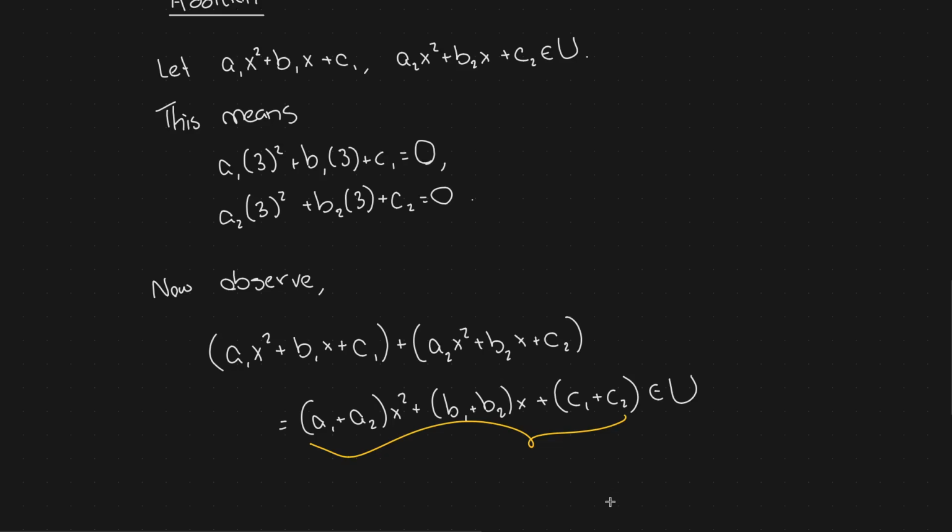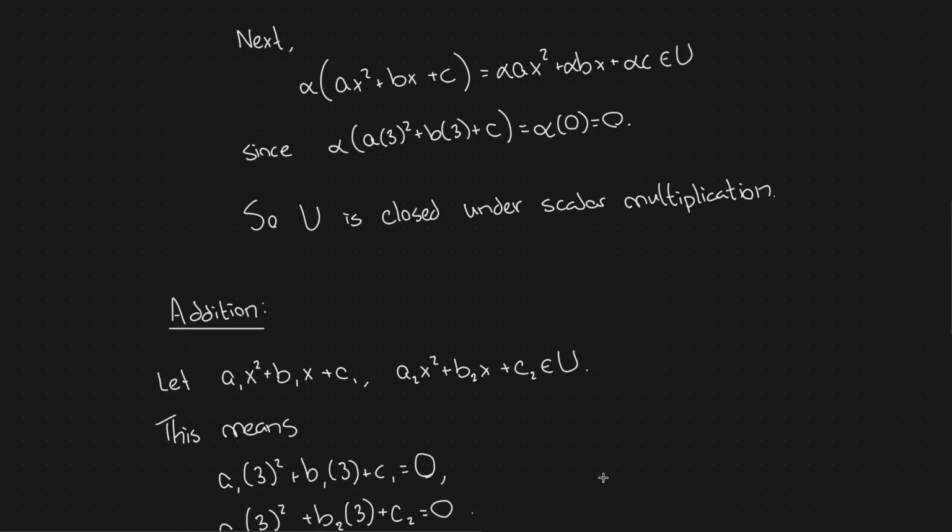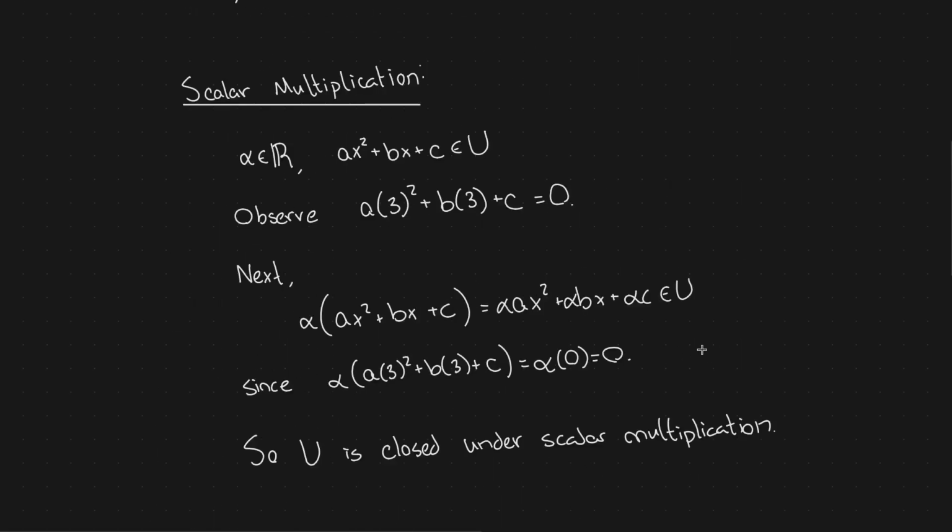First off, it is a degree 2 polynomial with real numbered coefficients. But the more critical thing is when I plug in 3, I need to be able to get 0.